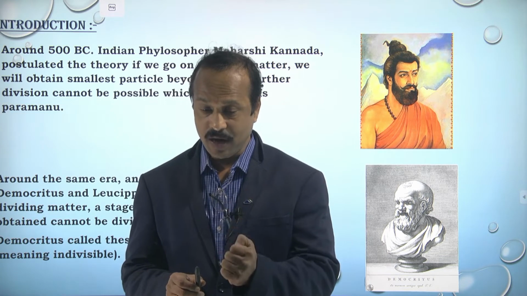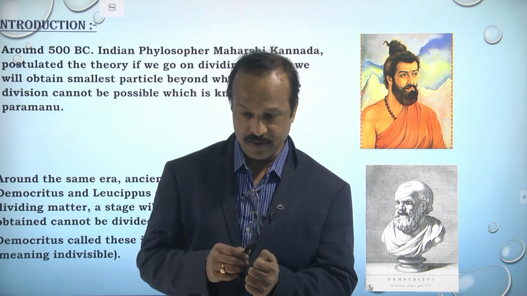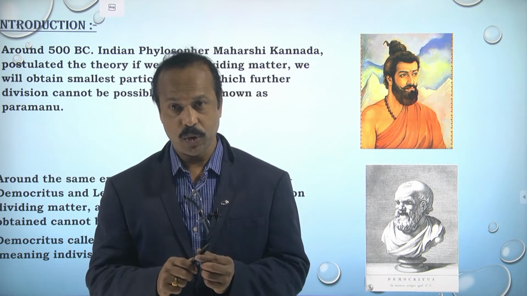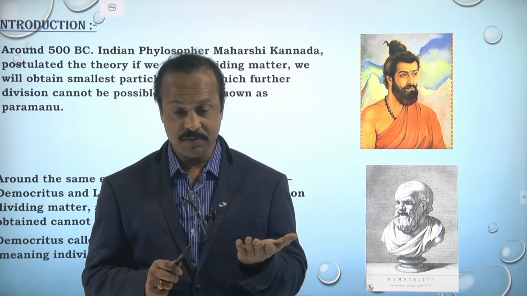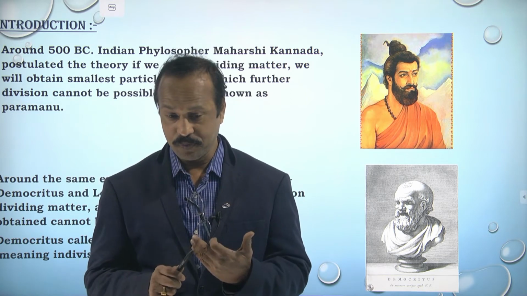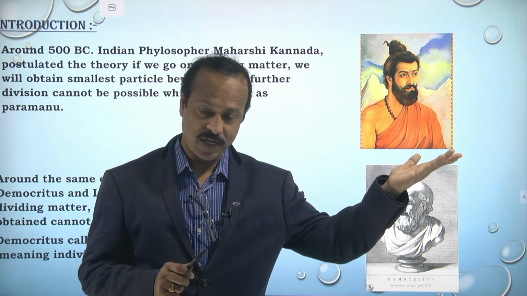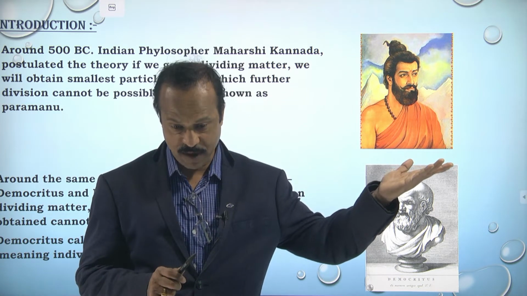This was the idea of atom which our ancestors had. Ancestors means ancient people, like 500 BC. BC means what? Before Christ. Now we are in 2022, and 2022 plus 500 years back, that is called 500 BC, almost 2700 years back.